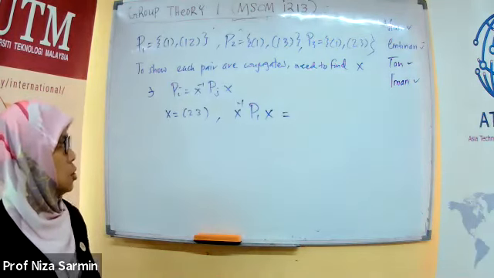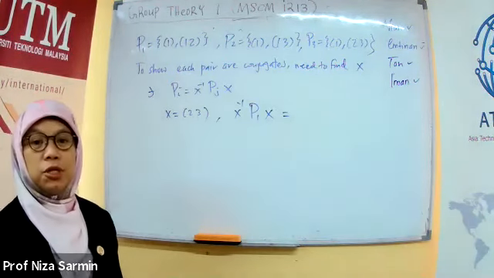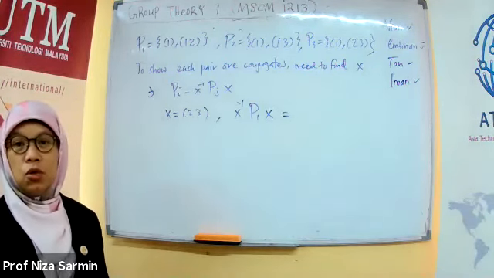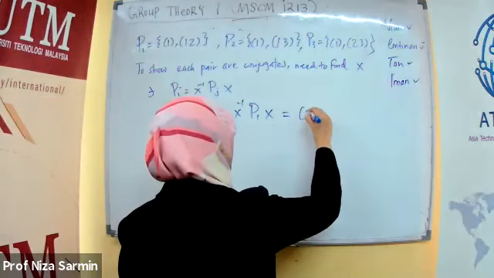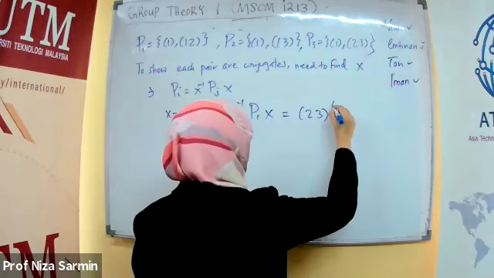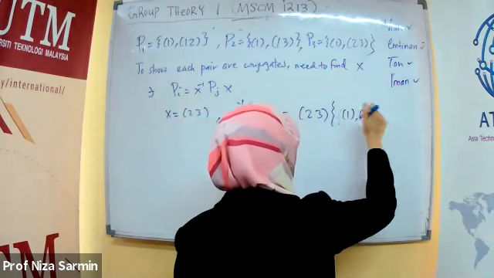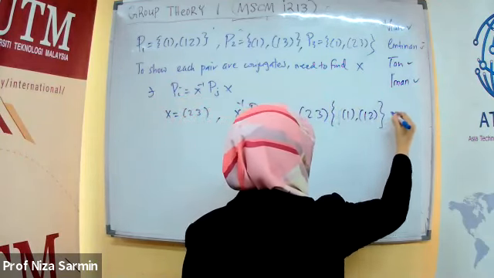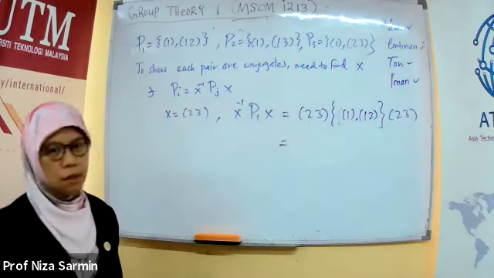Okay, so for a 2-cycle transposition, x is equal to x inverse. So (2 3) inverse is (2 3). I just want to multiply. Okay, see.